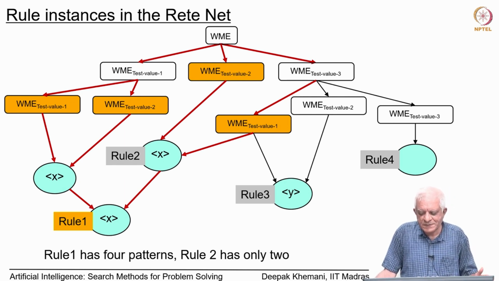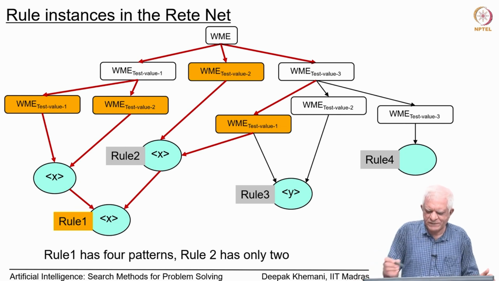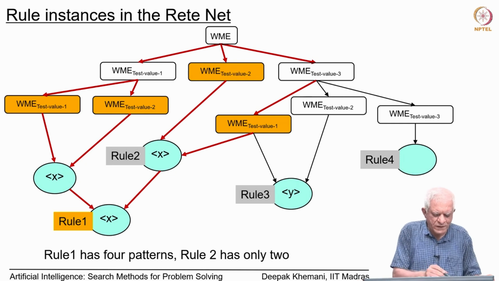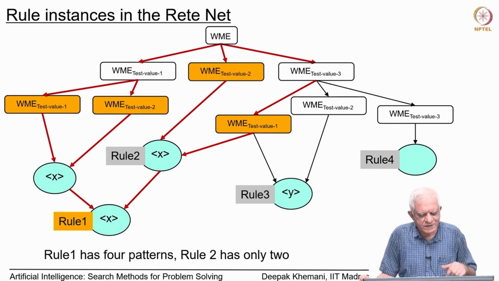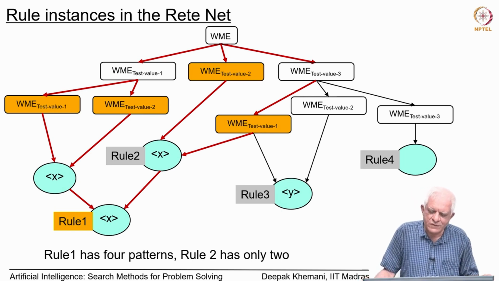So, rule 4 for example is a rule which has only one pattern which it needs for matching, and therefore, the beta node has only one parent, and if that one pattern exists, the rule will be ready to fire. Rule 1 is the other extreme, which needs 4 patterns as depicted by the 4 paths that are converging onto the node, which we have added the label of rule 1 essentially.